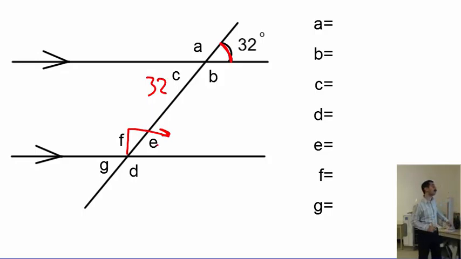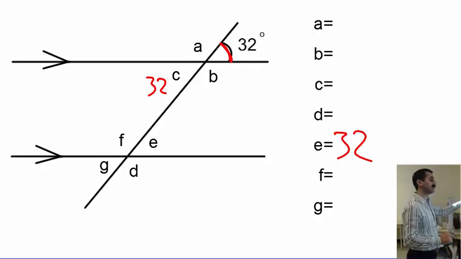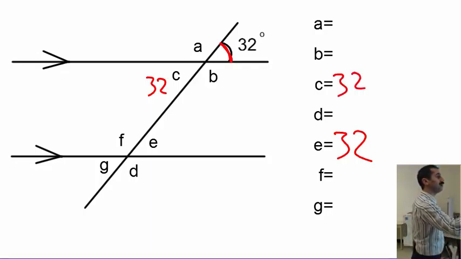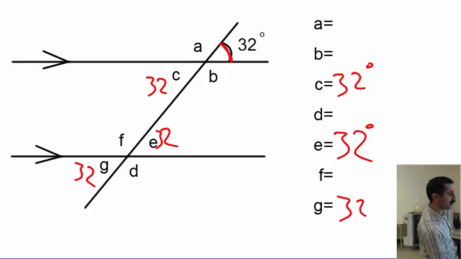E is also 32. I just figured that out. Let's write that down. E is 32. And C is 32 degrees as well. And if this is 32, cross lines, that's the different rule we talked about, G is supposed to be 32 as well.